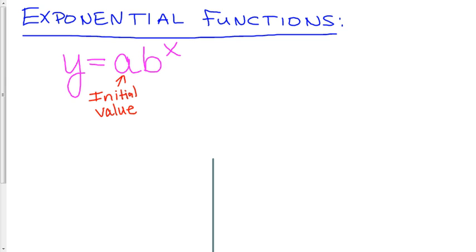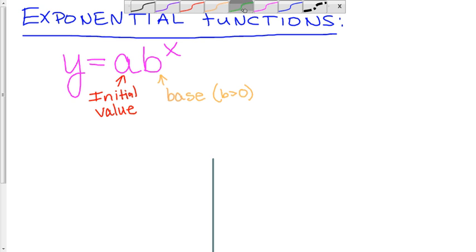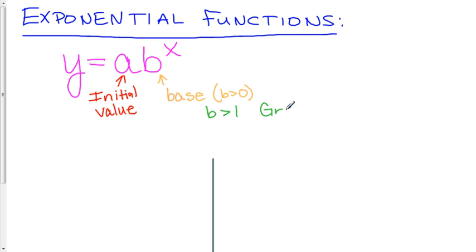And b is a value that is called the base, and b is usually greater than 0. Now, b can be two different things. If b is greater than 1, then it is a growth function.